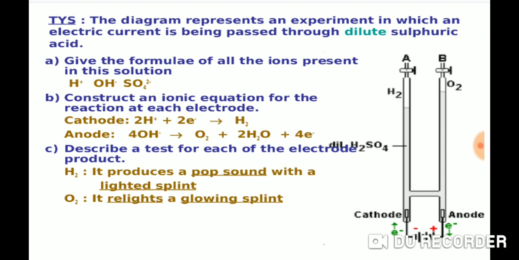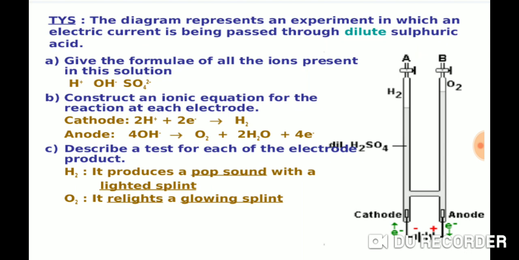You can see at the cathode, the negative electrode, we are getting hydrogen, whereas at the anode we are getting oxygen. The volume of oxygen produced is less than the volume of hydrogen produced, because when dissociation takes place, 2H2O gives 2H2 plus O2. For 2 moles of water, it gives 2 moles of hydrogen and 1 mole of oxygen. It means the volume of oxygen is less than the volume of hydrogen produced.